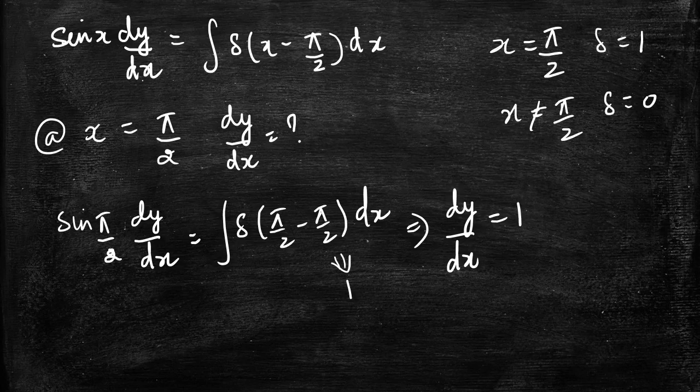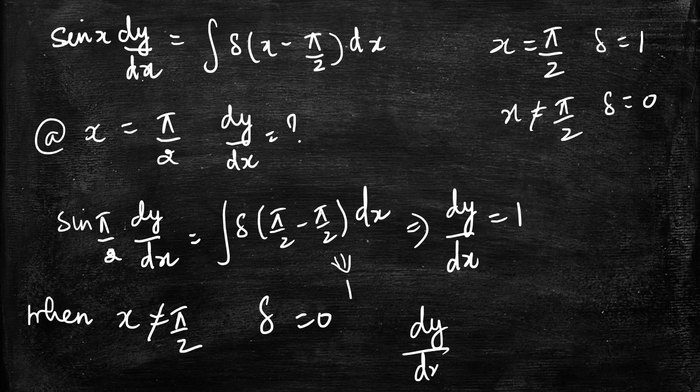So we'll find whether this dy by dx is continuous or not. We know that at x is equal to pi by 2, our Dirac delta function will be 1. So we get dy by dx is equal to 1. When x is not equal to pi by 2, that is, for all other values of x, our Dirac delta function will be 0.